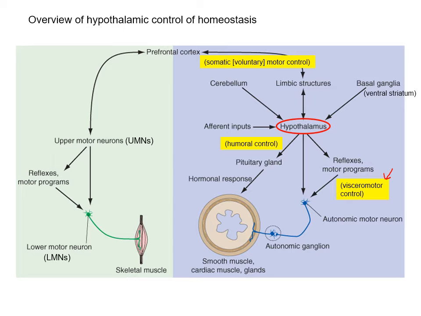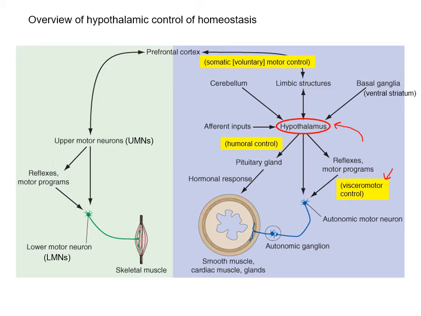So it receives inputs from the brainstem and spinal cord through bundles I'll mention when I do the afferents and efferents, the connections of the hypothalamus, at the end of the lecture, from the reticular formation and related structures predominantly. So it receives visceral sensory information from the brainstem and spinal cord.